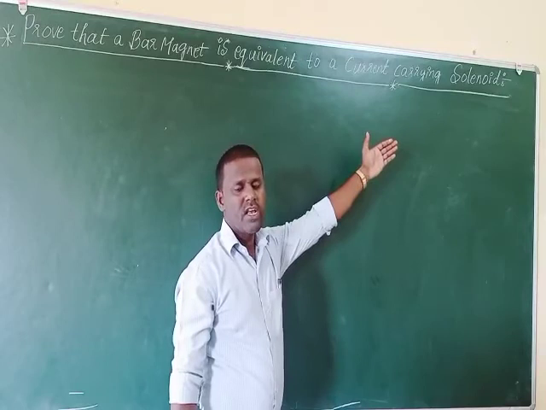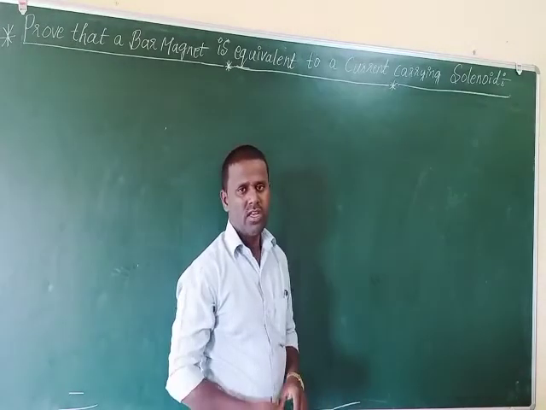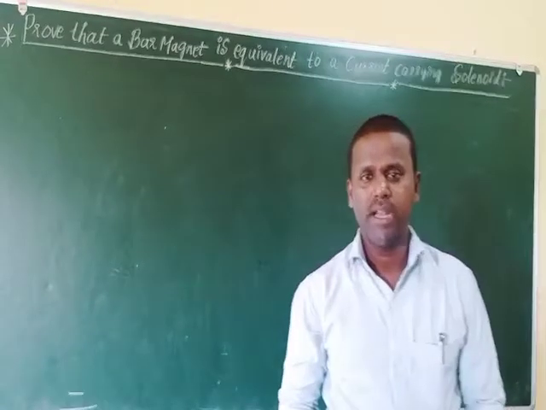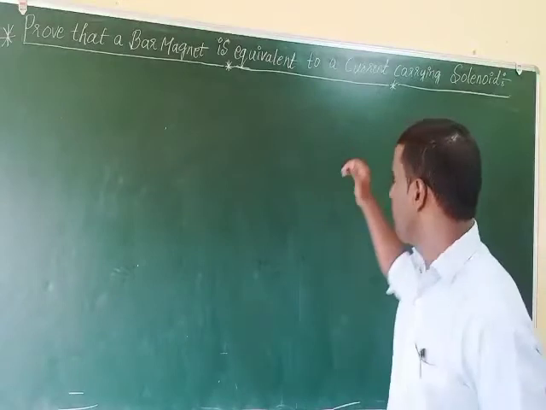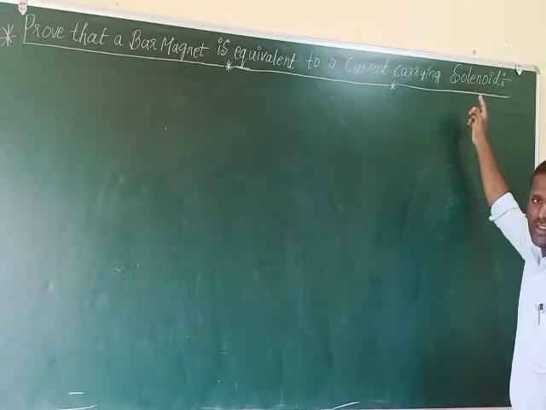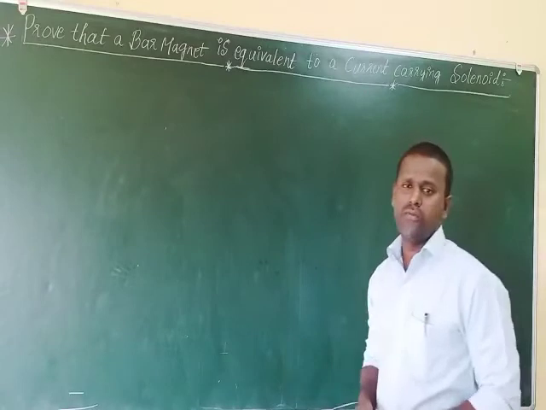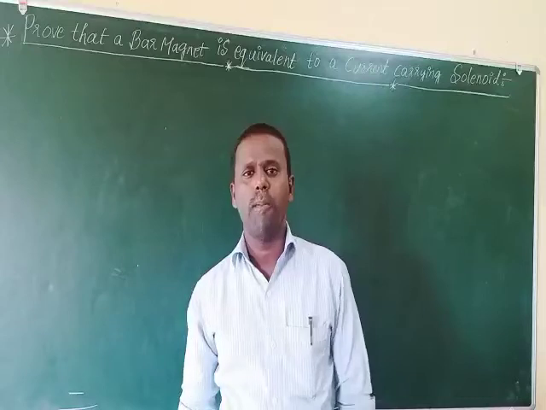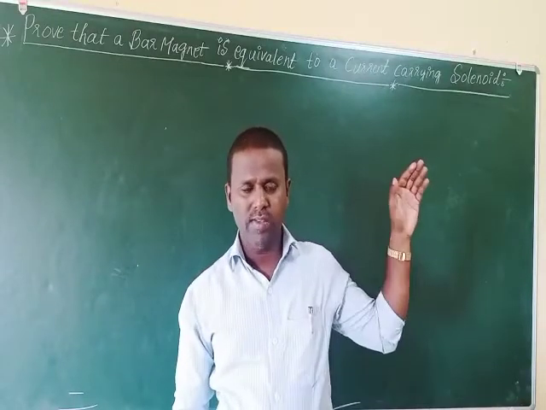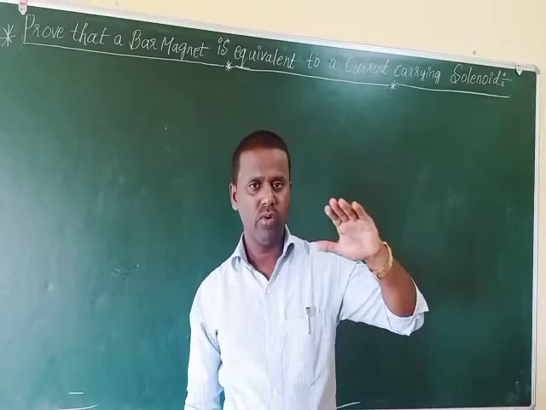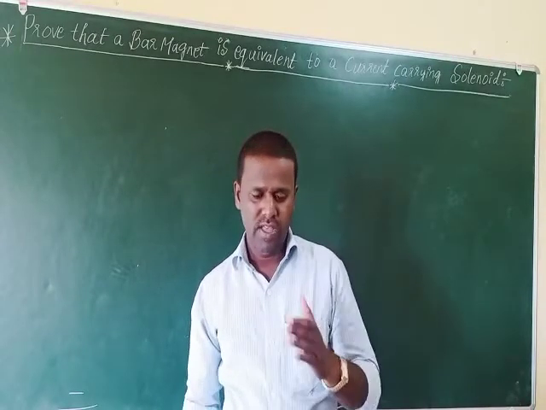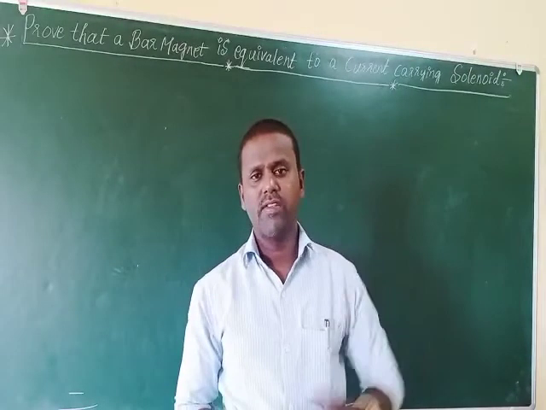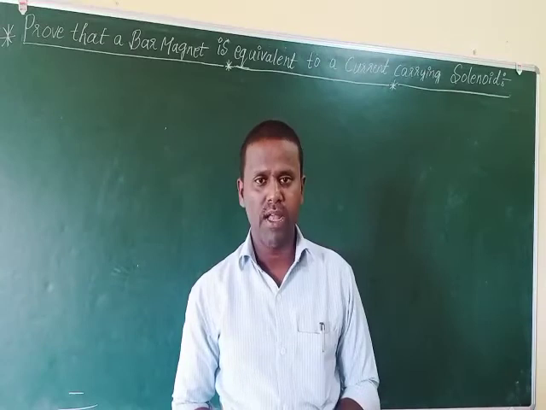A solenoid is a device which produces a constant magnetic field, a uniform magnetic field. Actually, what is a solenoid? A solenoid is also just like the bar magnet, but it is not rectangular in shape, it is a cylindrical shaped body. A solenoid is a cylindrical shaped tube having a number of turns.